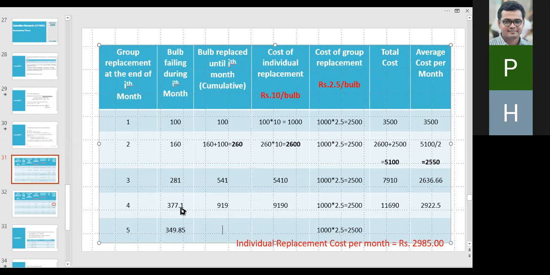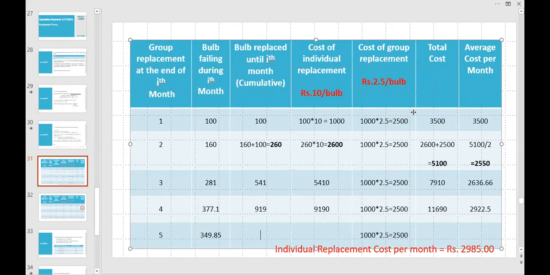Now what would be the next? Sir, 1267.95. So it is 1268.